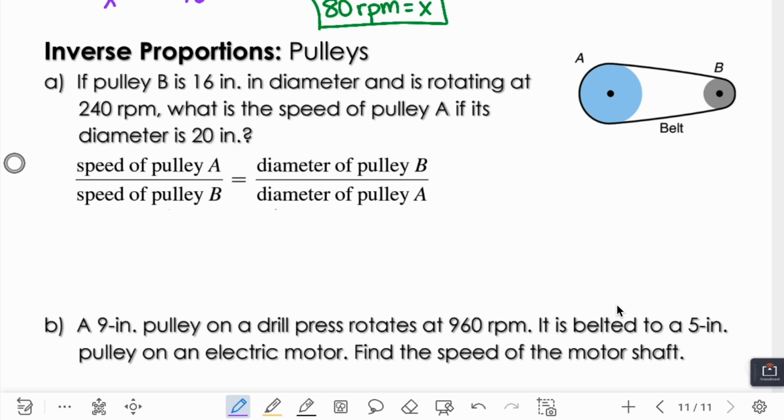So here we're looking for the speed of pulley A. We don't know what that is. I'm going to use an X. Once again, you can use an A or whatever you want there. Now the speed of pulley B was rotating at 240 RPMs, and that's because it is a 16-inch pulley. Now pulley A has a diameter of 20 inches. So we need to figure out what that speed is.